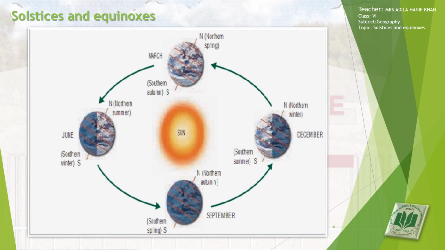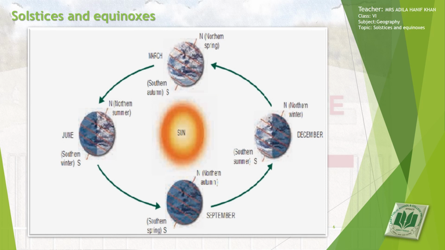The spring equinox, that is 21st March, marks the beginning of spring in the northern hemisphere and autumn in the southern hemisphere. On 23rd September, day and night are of equal length. This day, called the autumn equinox, marks the beginning of autumn in the northern hemisphere and spring in the southern hemisphere.